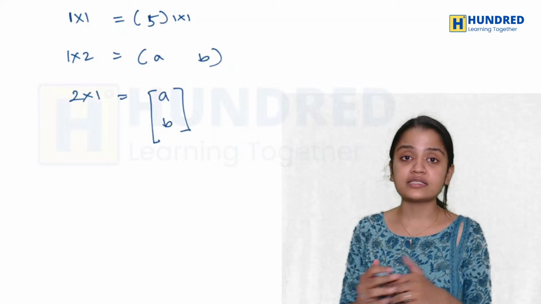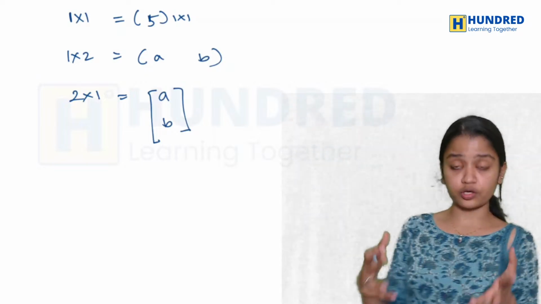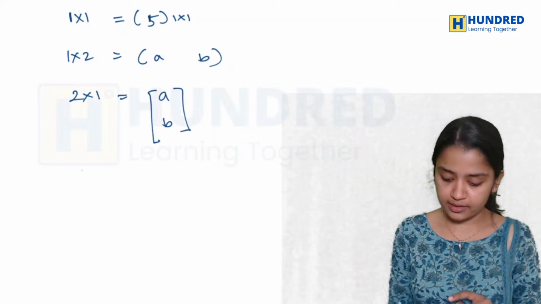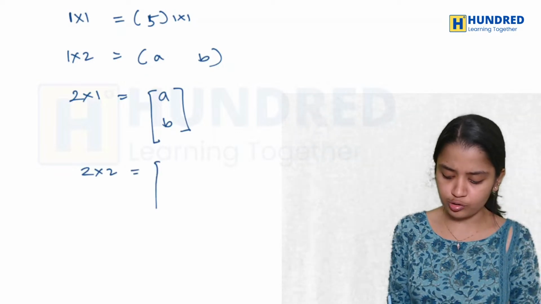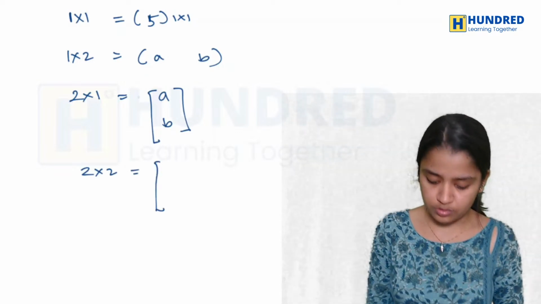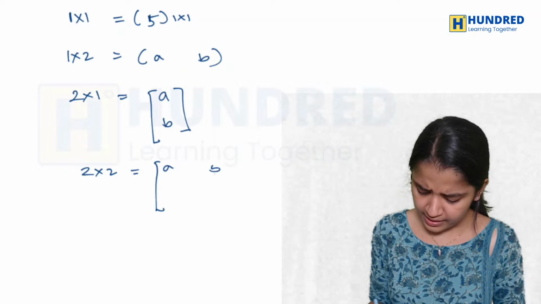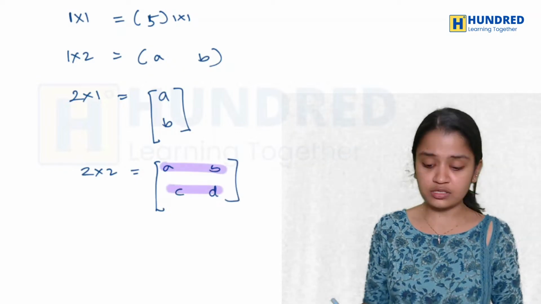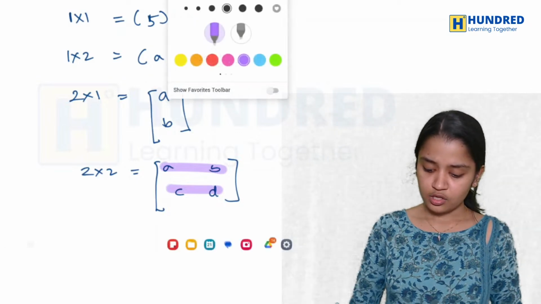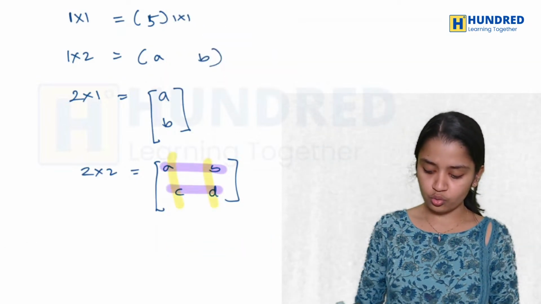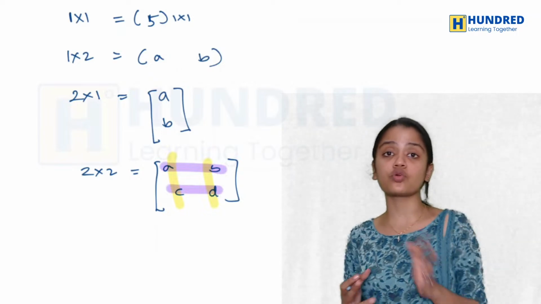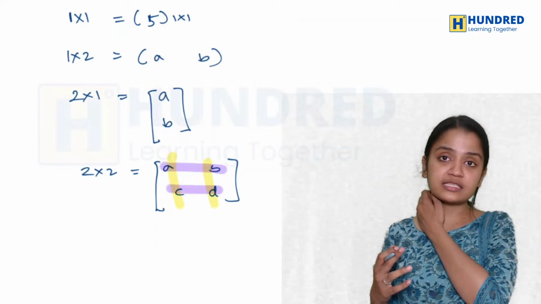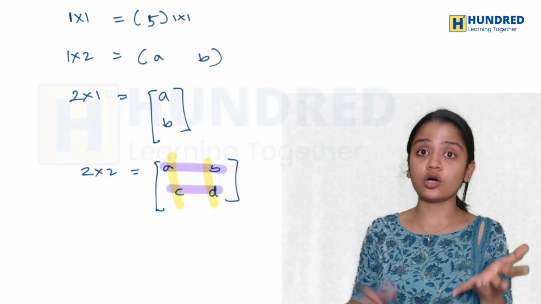So this is 1 cross 1, 1 cross 2, 2 cross 1, and 2 cross 2 means you have 2 rows and 2 columns: a, b, c, d. So I have 2 rows and 2 columns. Okay, so this is generally the order of a matrix.